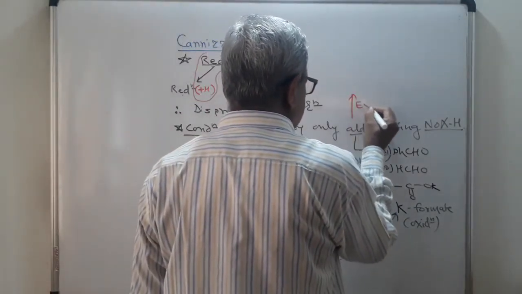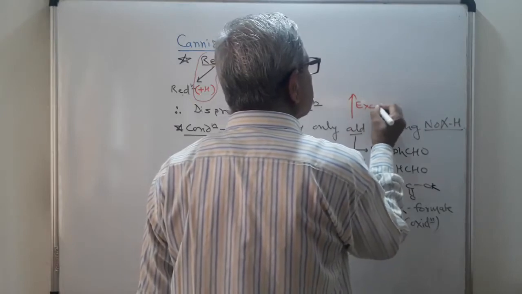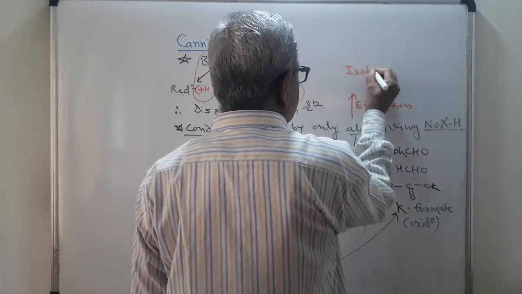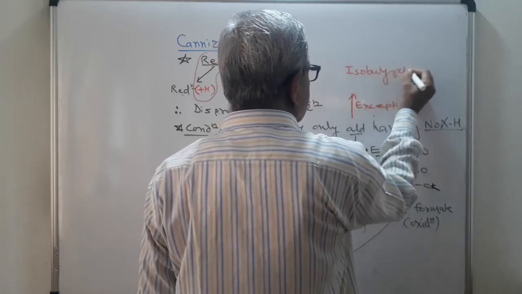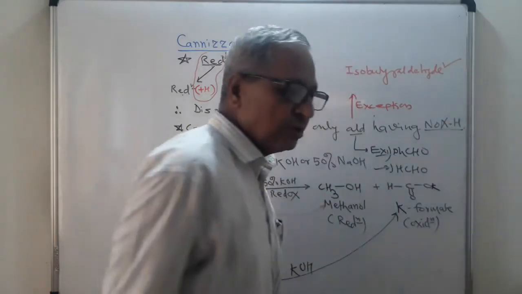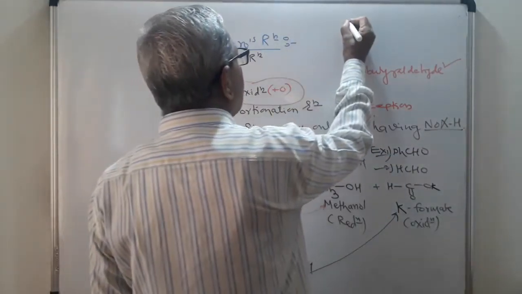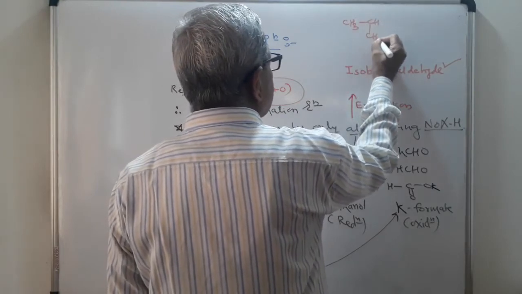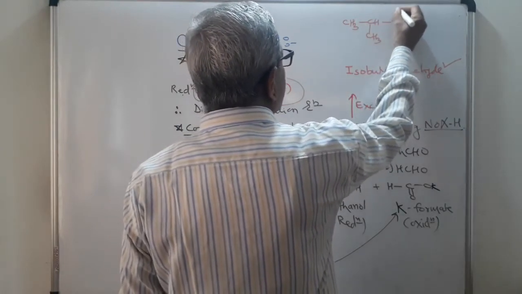Exception: isobutyraldehyde will undergo Cannizzaro reaction. See the formula for isobutyraldehyde: CH3CH(CH3)CHO.